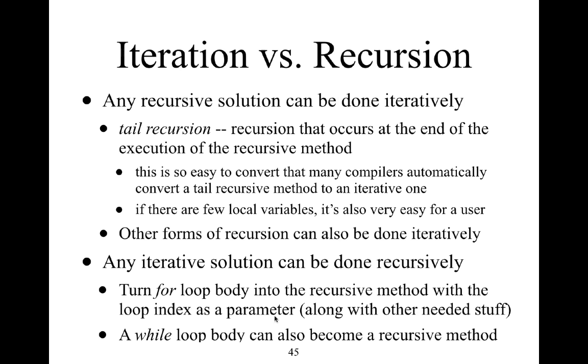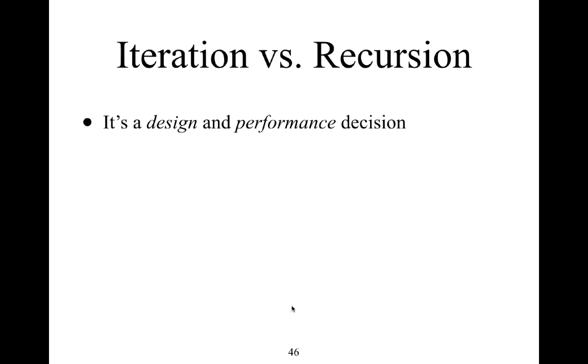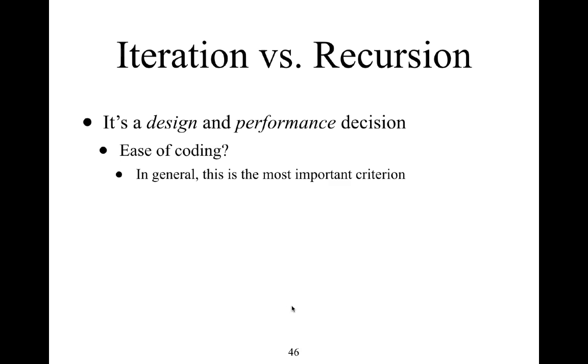You can also have a while body for a recursive method. The real decision about these is design and performance, and ease of coding. And in general, the ease of coding is the most important criterion and should be the one that dominates your decision.